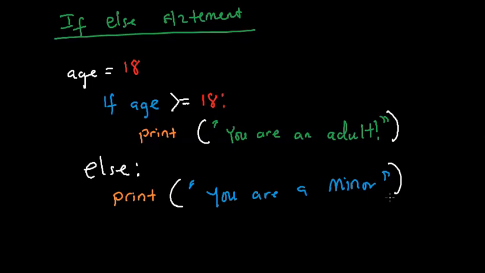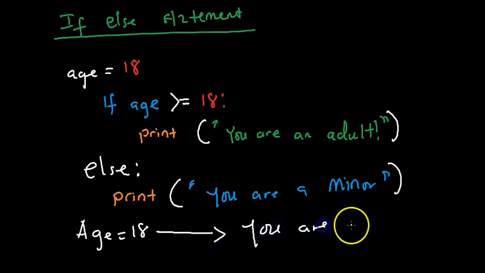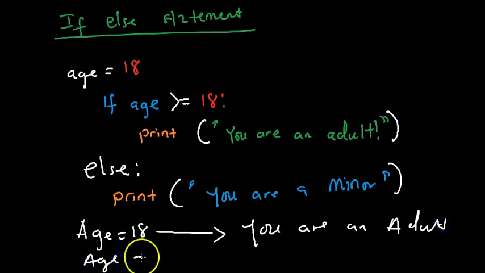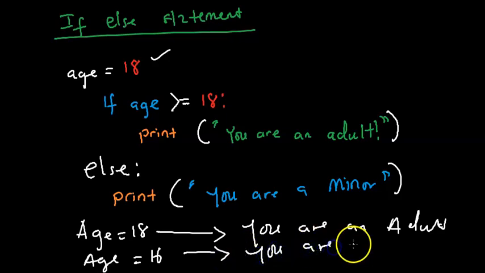So basically, we can say if age is equal to 18, it will print out the outcome, you are an adult. But if your age is equal to 16, which is below 18, then the system is going to print you are a minor. So this is it for this one.